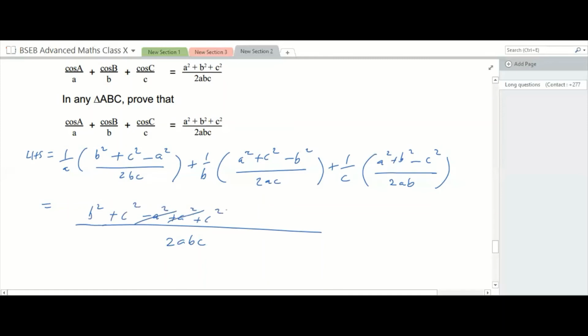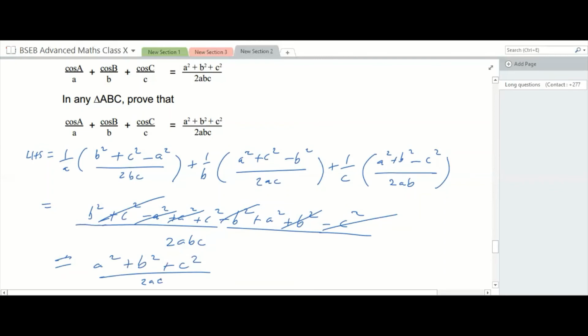You can see that and that cancel out, plus c squared minus b squared plus a squared plus b squared, that one cancelling out, minus c squared, that one cancelling out. So what we just have is equal to a squared plus b squared plus c squared over 2abc.